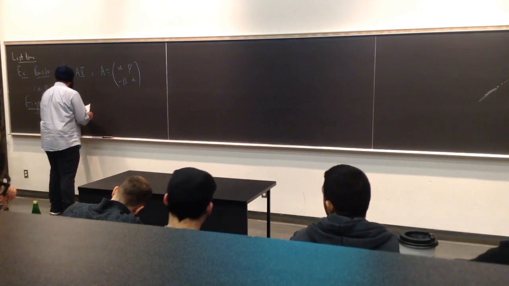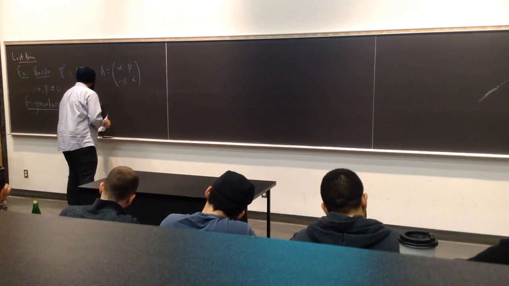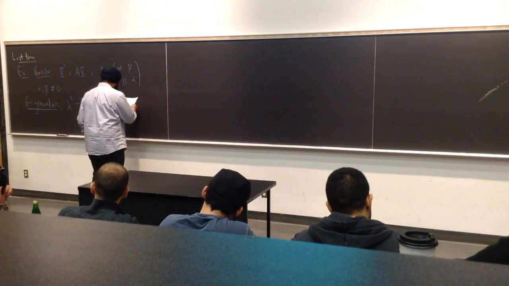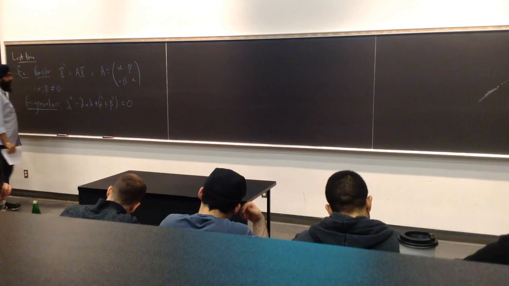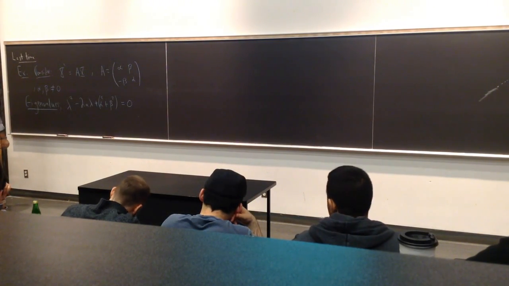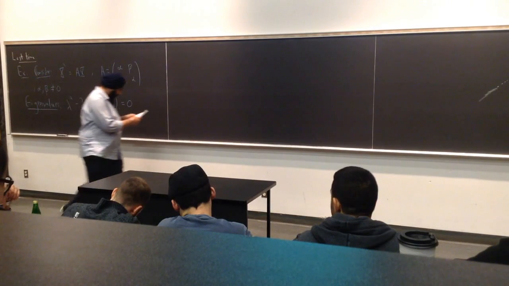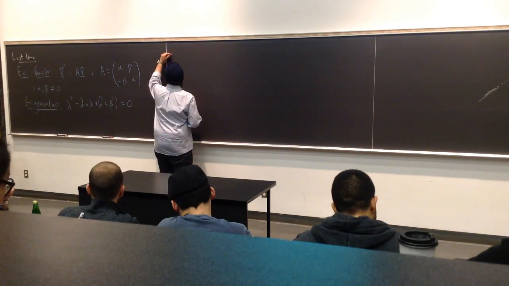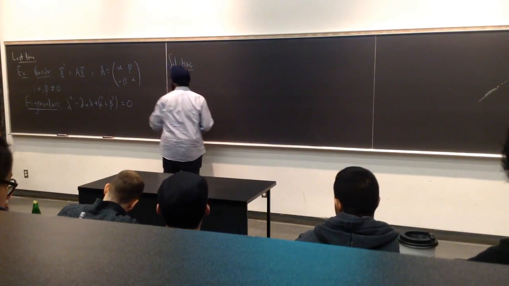So lambda squared minus 2 alpha lambda plus alpha squared plus beta squared is equal to zero. So that's the characteristic equation for the eigenvalues of this matrix. If you solve this, you get 2 eigenvalues.